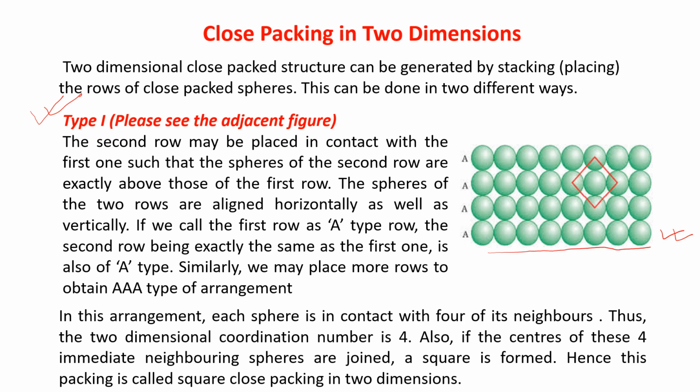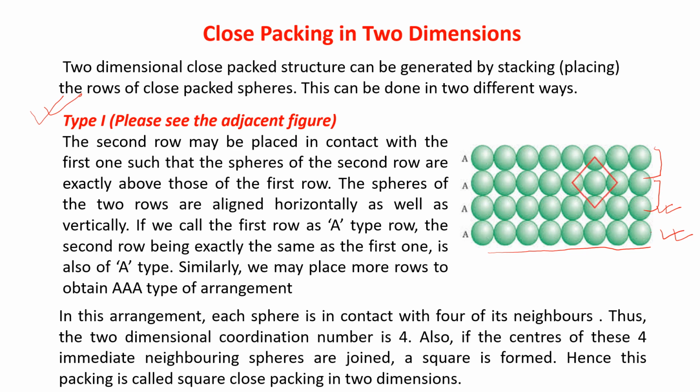Now see the second layer. It is just placed above the first layer. The rows are aligned horizontally. See, there is no difference. The third one is also above the second one. The fourth one is just above the third one. They are aligned horizontally.